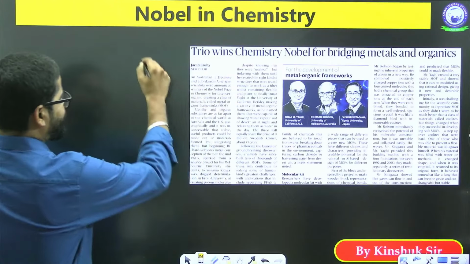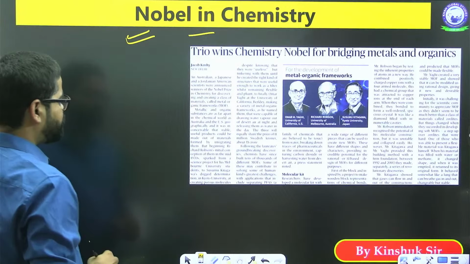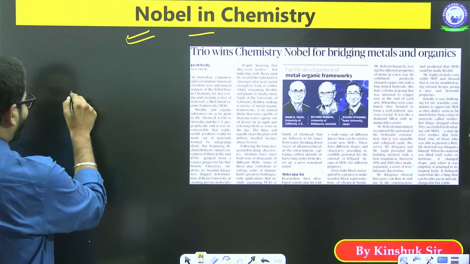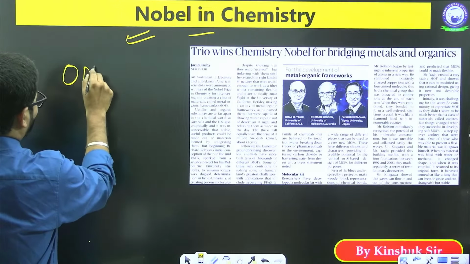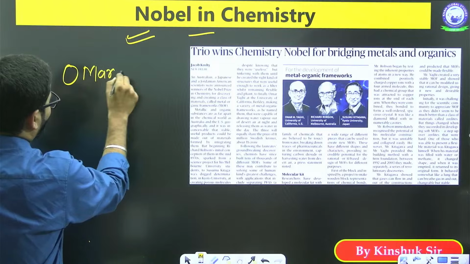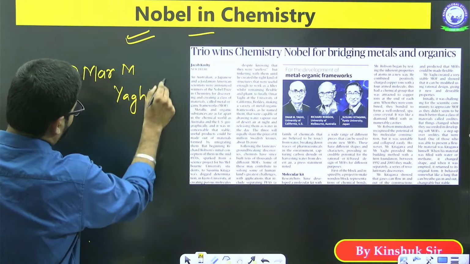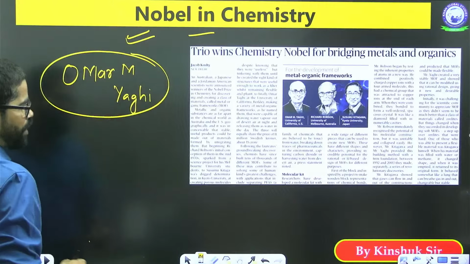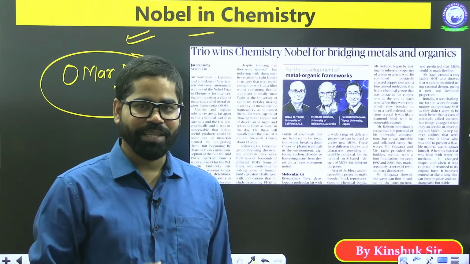So let's see the second thing, the Nobel in chemistry. There is a very important and interesting part. One of the winners is Omar M. Yaghi. He is one of the winners of this Nobel Prize in chemistry.